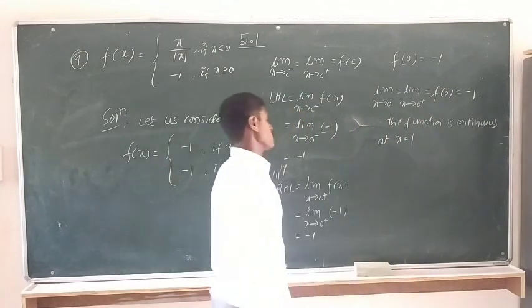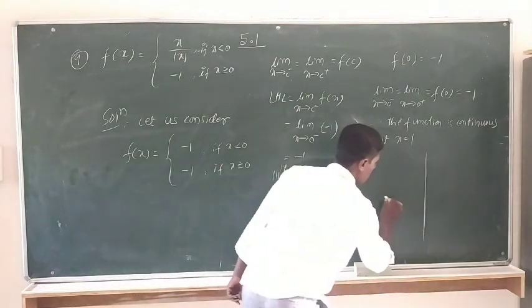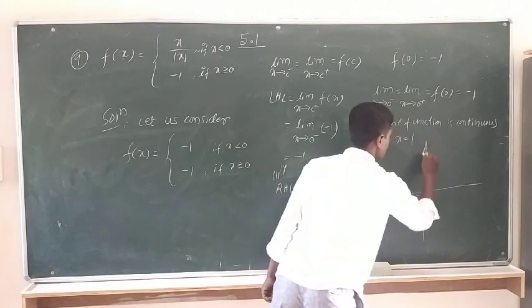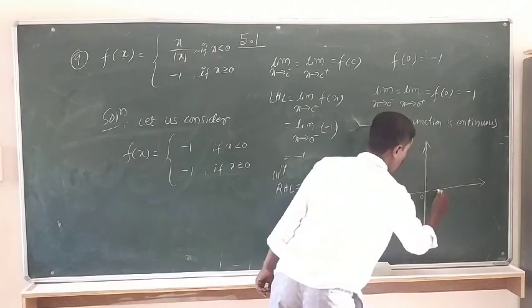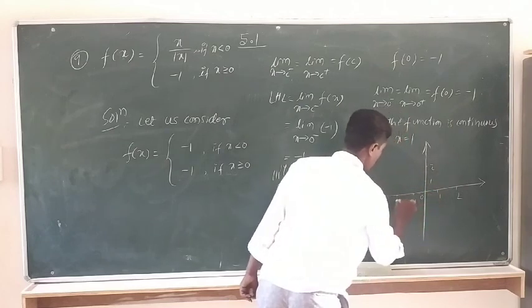So the graphical representation of this function is very simple. Cartesian plane, x-axis, y-axis, 0, 1, 2, minus 1, minus 2.